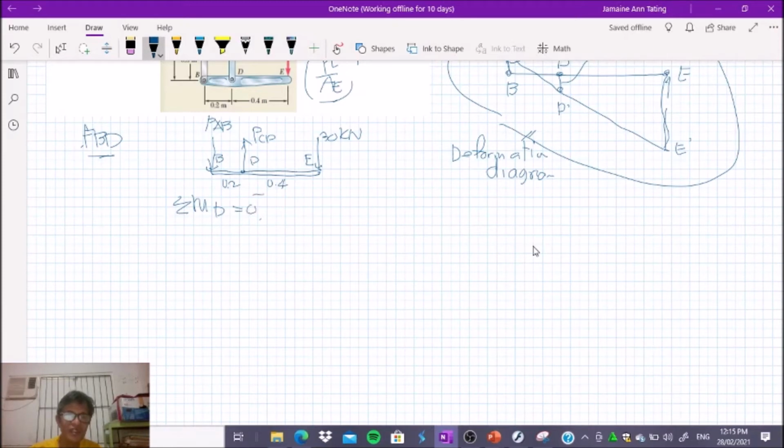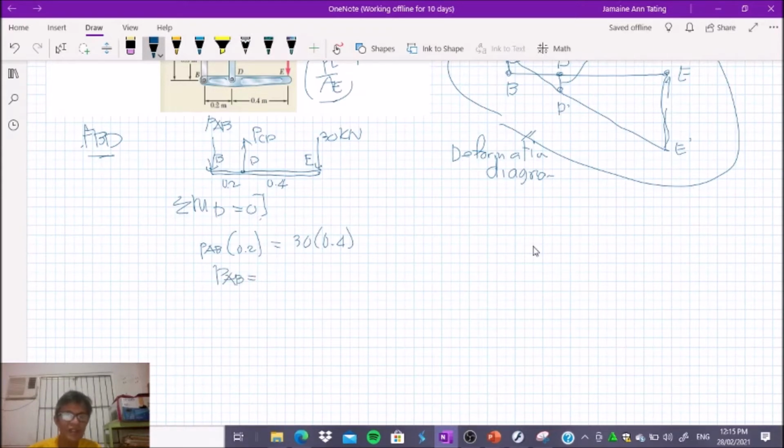So statics lang ito. So we have PAB times take moment at this point 2 will be equal to 30 times 0.4. Then you can solve for PAB.